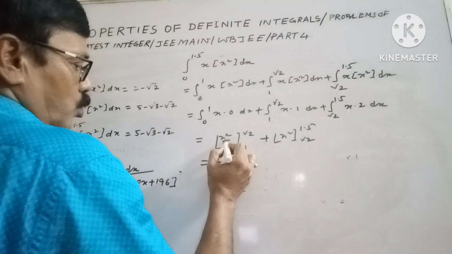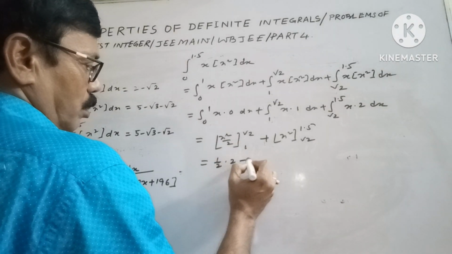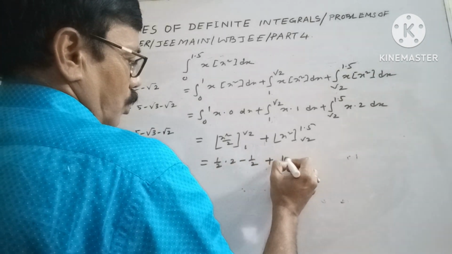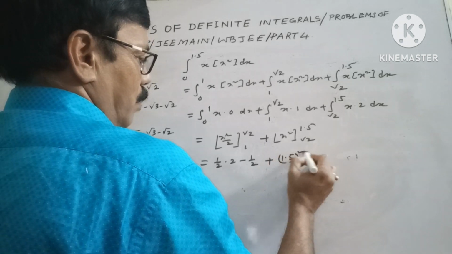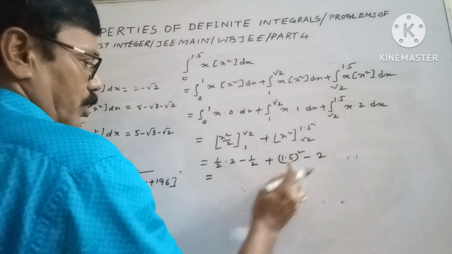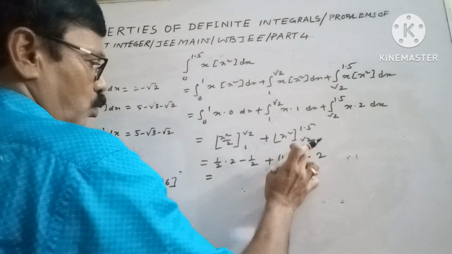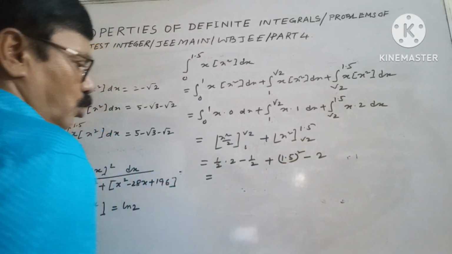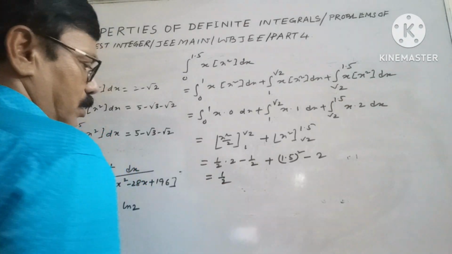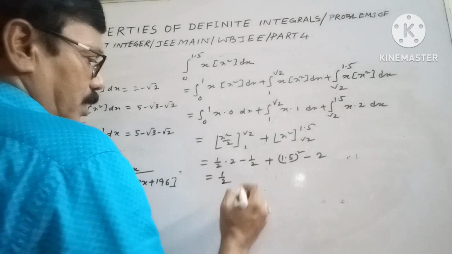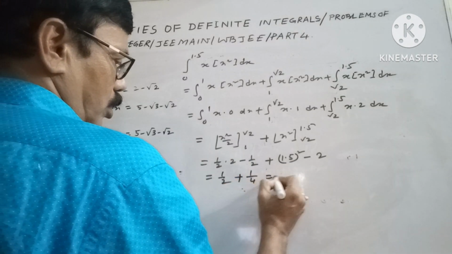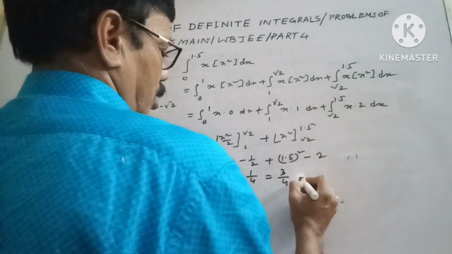So, half of root 2 square, that is 2, minus half, 1.5 whole square, minus 2. So, this is 2.25 minus 2, and this is 1 minus half, which is half, and this is 1 by 4. So, final answer is 3 by 4.